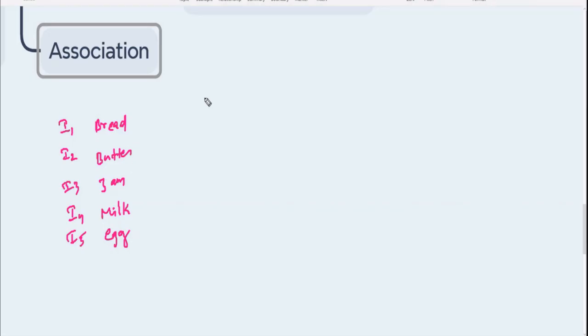Then I'm taking person one. What products or items is he purchasing? Just for our assumption, the first person is buying bread, butter and jam. Then person two is buying bread, egg, milk.